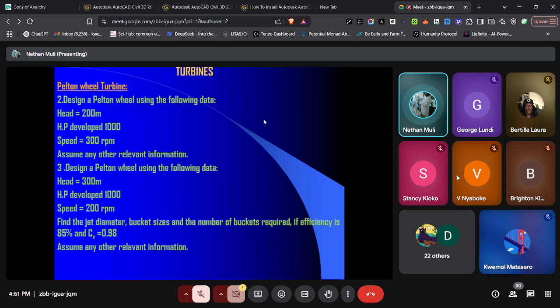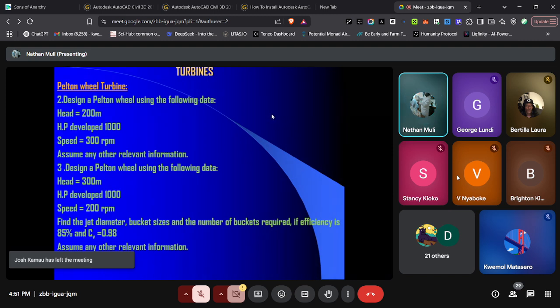Then another one is here. Design a Pelton wheel using the following data. Head 200 meters, horsepower developed 1000, speed 300 RPM. Assume any other relevant information. Number 3, design a Pelton wheel using the following data.